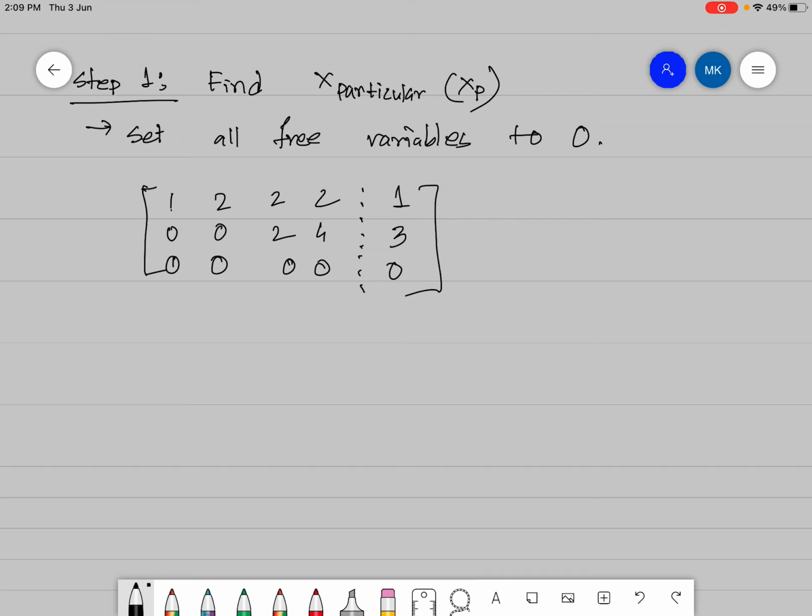Okay, so which are the free columns or free variables here? This one is a free column and this one is a free column. That means our x2 and x4 are the free variables.